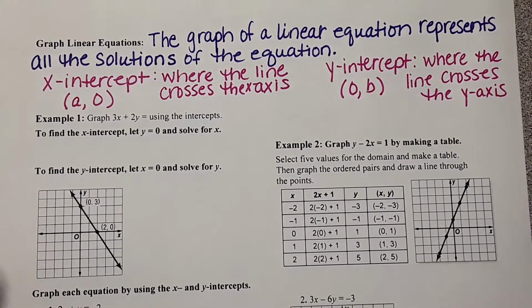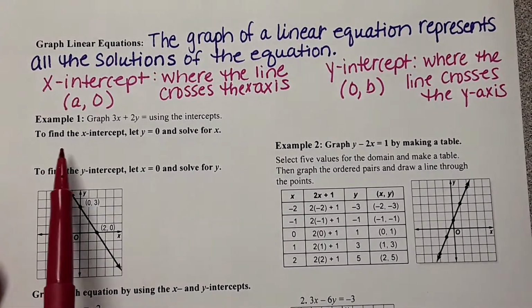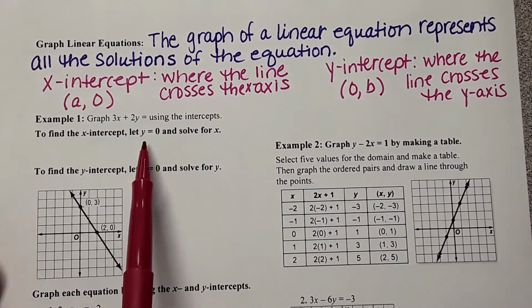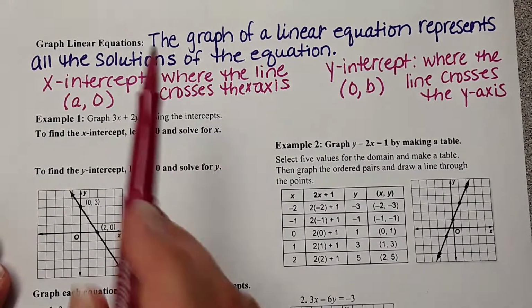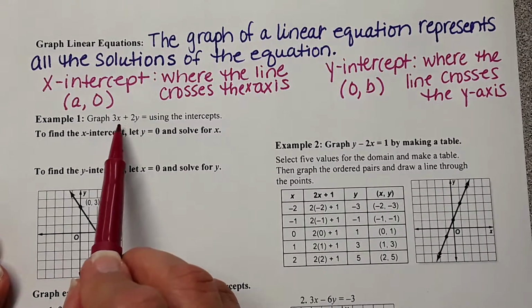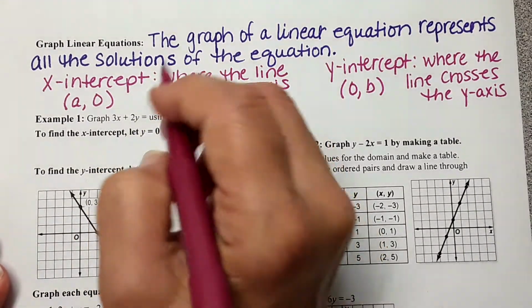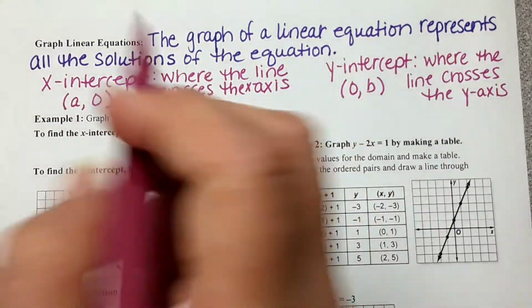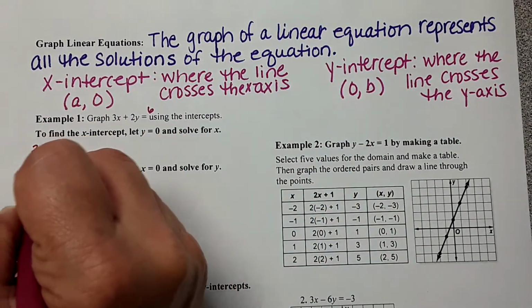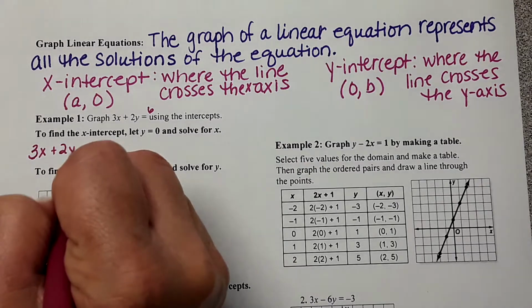So now what we're going to do is, it says to find the x-intercept, let y equal 0 and solve for x. So we're going to take this equation, 3x plus 2y, and set it equal to 6, because apparently I forgot to put 6 in there. So we have 3x plus 2y equals 6.